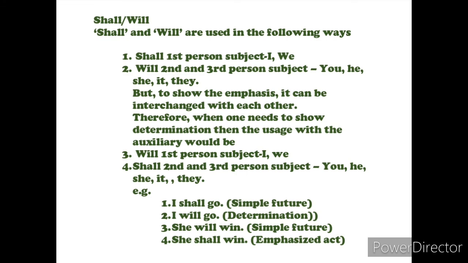But if I say I will go, here is the determination, means I am determined to go there. Then another example, she will win. Here, simple statement of the future. But if I say she shall win, so there is an emphasized act in this sentence.